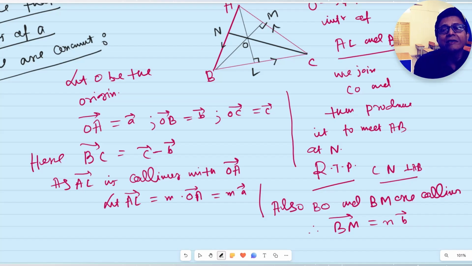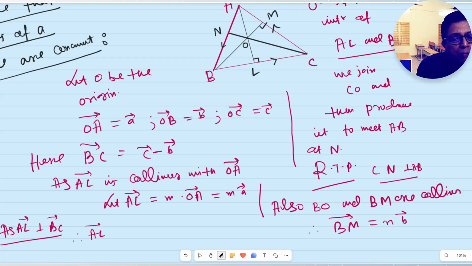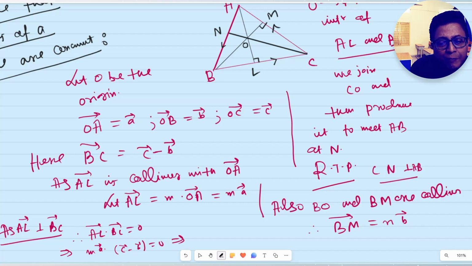Now apply this: as AL is perpendicular to BC, therefore AL dot BC is 0. So this implies MA dot (C minus B) is 0. What do you get from here?